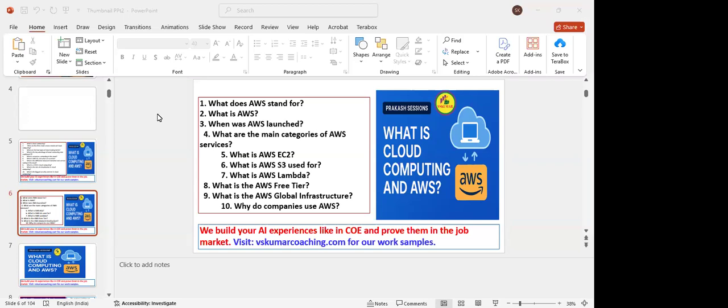No, EC2 is not used for scaling resources. There is a separate service called auto scaling. EC2 is a kind of virtualized machine.